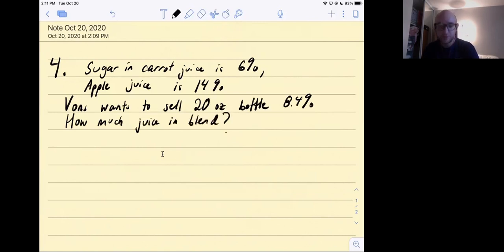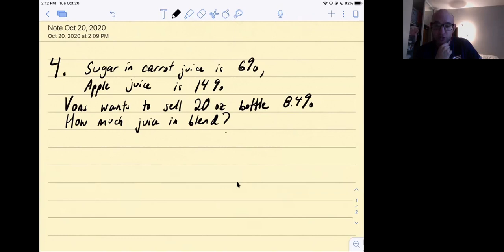Okay. Anyone want to volunteer and say what they set up as their variables? Well, what are the unknowns in this question?